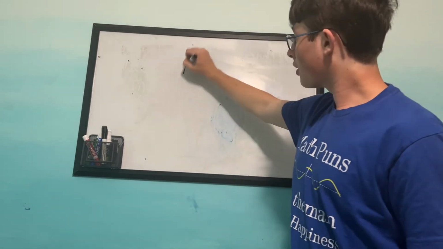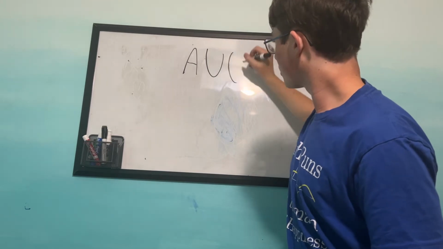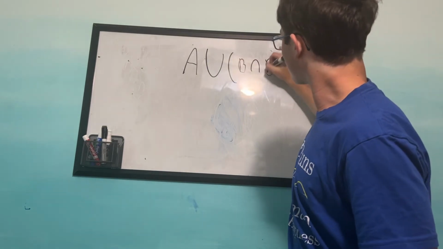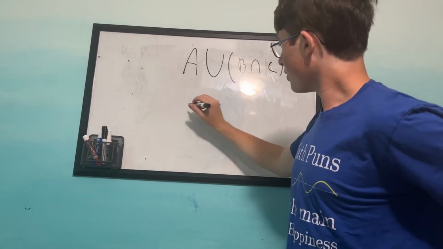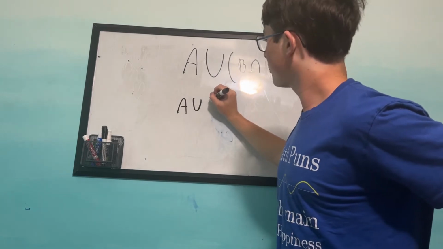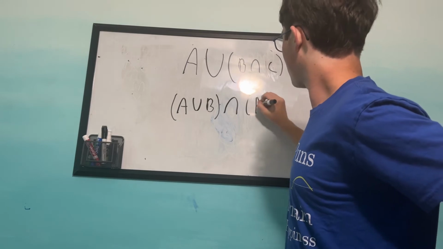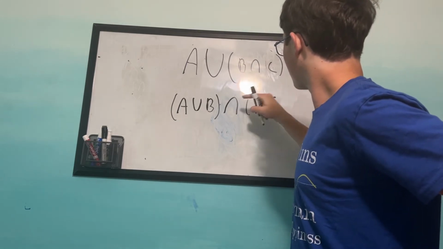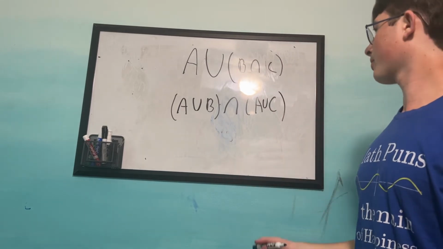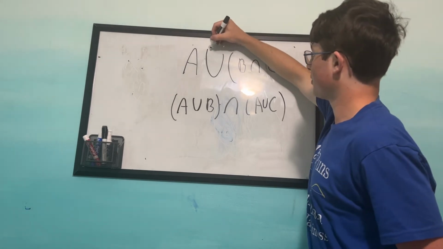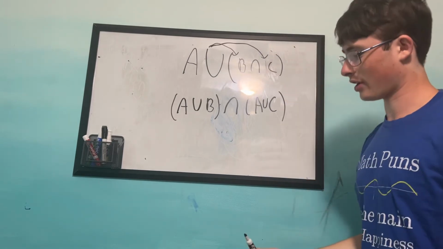You have the union of set A and the intersection of set B and C. This statement is the same as the intersection of the union of A and B and the union of A and C. This can be seen as distributing the A union over here and over here, kind of like in math.